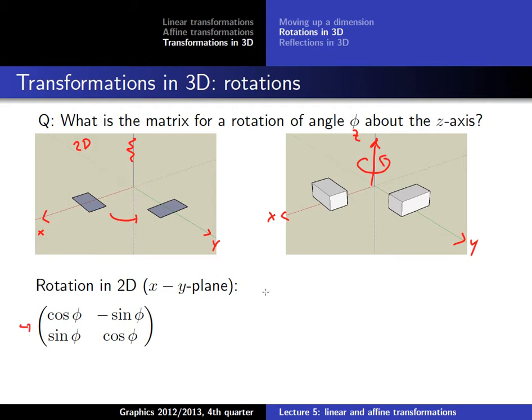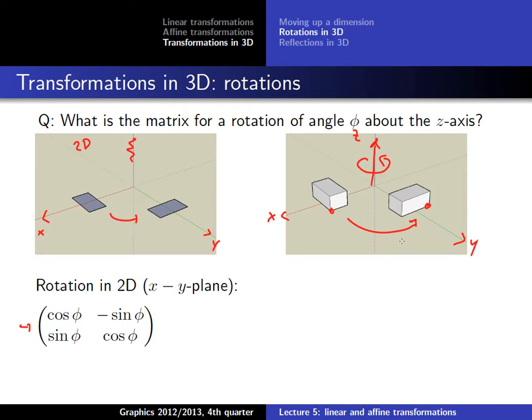We learned today why. Now, if you look at what happens to the x, y, and z coordinate in the 3D case, the x and the y coordinate actually stay within that xy plane and are rotated in the same way as they are rotated in the 2D case. So for the x and y, we get exactly the same values here, which means we need to use the same coefficients that we have in the rotation matrix for the 2D case, for the x and y values.